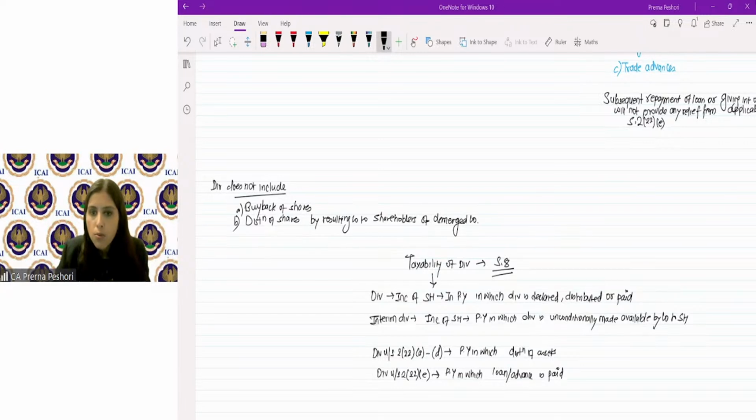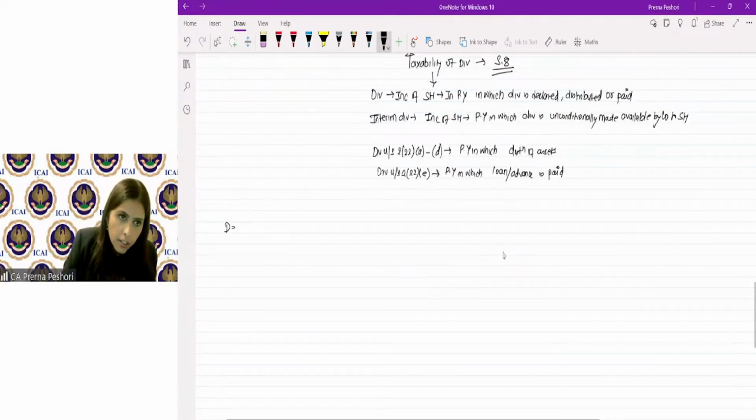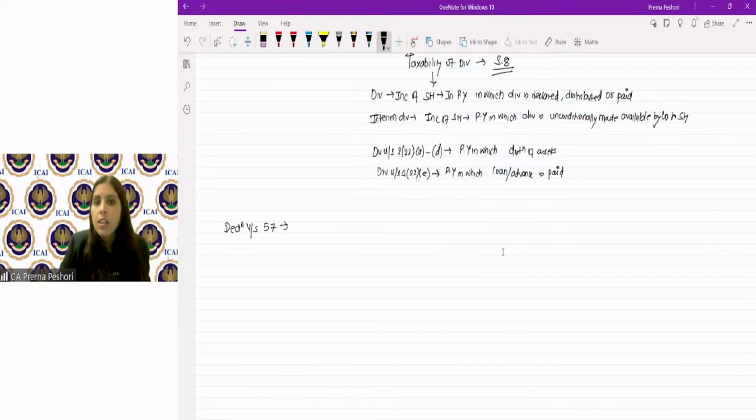Any questions, any doubt? Now, in respect of the dividend, the deduction is given under 57. So, you can write down deduction under section 57, which is interest on dividend.